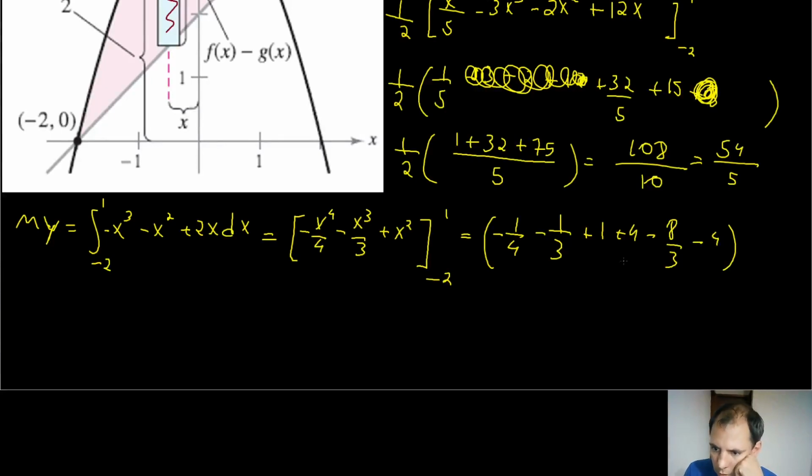Okay, so forget this and forget this, right? And now I'm just going to say that this is a 3 over 3. So this whole thing, put in a 3 here. Minus 2 plus 3, 1, minus 8, minus 7/3.